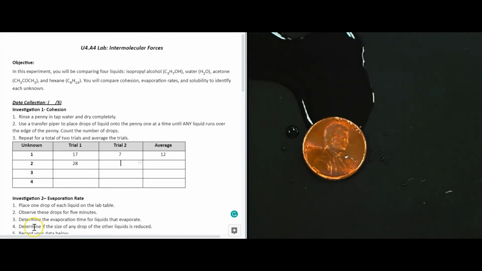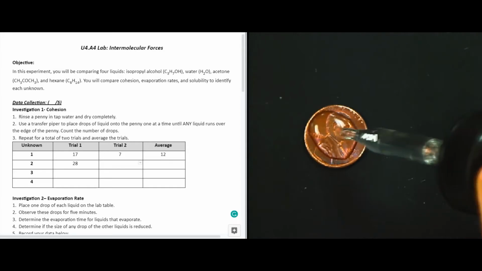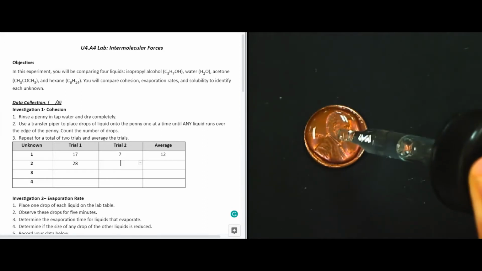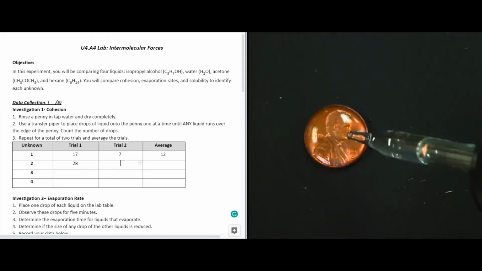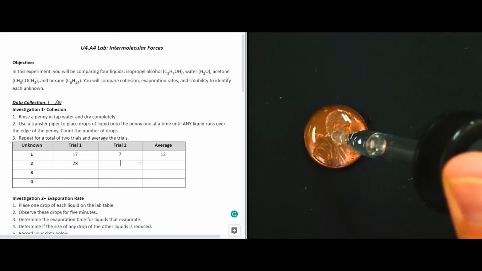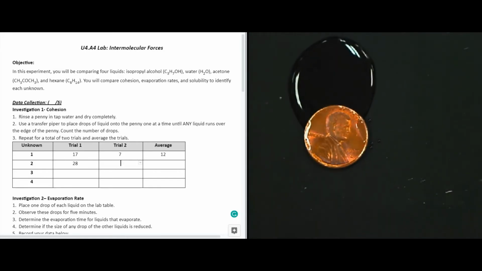Alright, again I'm going to clean and dry the penny, and then we'll do trial 2. So this is trial 2 for unknown number 2. 1, 2, 3, 4, 5, 6, 7, 8, 9, 10, 11, 12, 13, 14, 15, 16, 17, 18, 19, 20, 21, 22, 23. 23 drops.